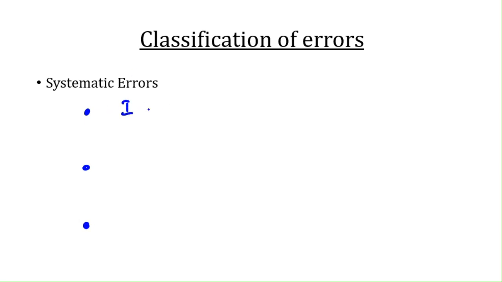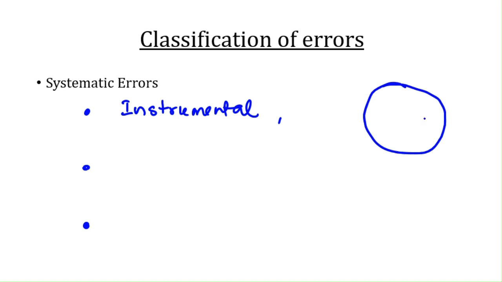Let's take some examples of these things, then it will be more clear to you. Let's take the first one, instrumental error. In case of instruments, let's say you are measuring electric current with a milliammeter, and it is not connected to any circuit, or the current is zero in the circuit, and still its needle is not coinciding with zero reading, it is coinciding with some other reading.